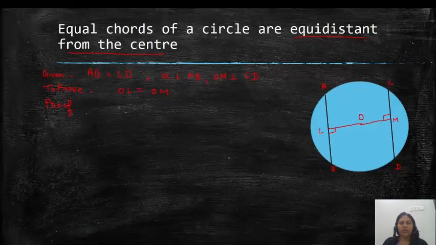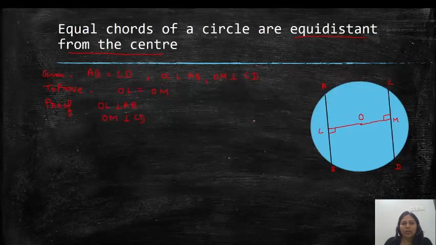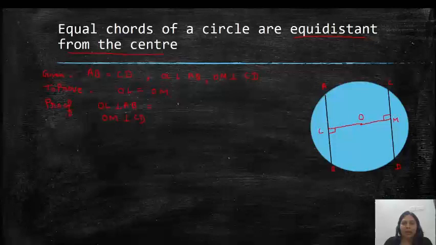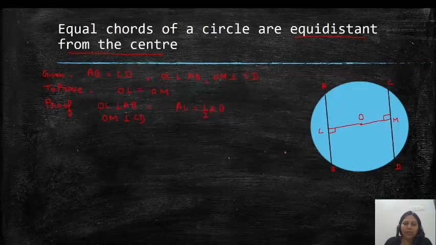Okay. What are the things given to us? One thing given to us is that OL is perpendicular to AB, and the other is that OM is perpendicular to CD. When OL is perpendicular to AB, we can say that AL is equal to half of AB. Why? You remember there was a theorem: the perpendicular from the center bisects the chord.